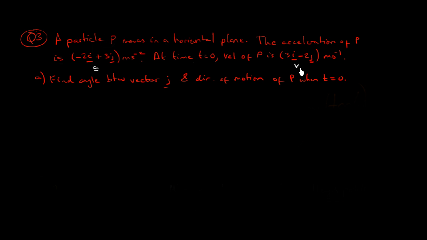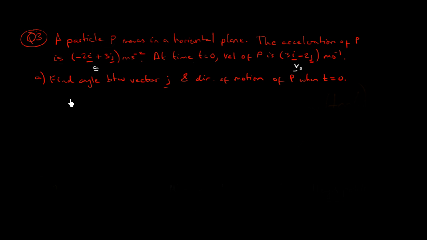So I'm going to call this v naught, which is the initial velocity at 0 time. This is obviously to the power of minus 1 instead, because it's a velocity instead of an acceleration. It says find the angle between vector j and the direction of motion of the particle when t is equal to 0. So let's translate things to column vectors, make things quicker.